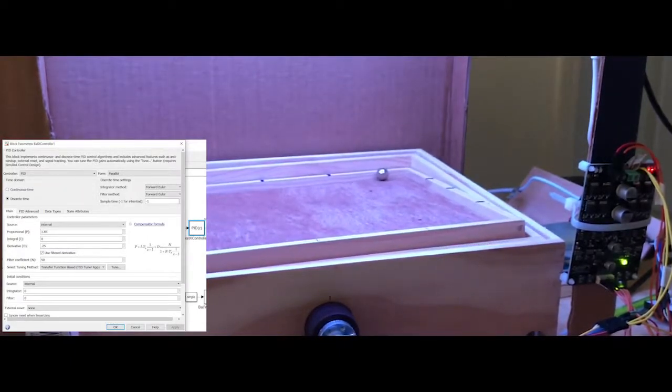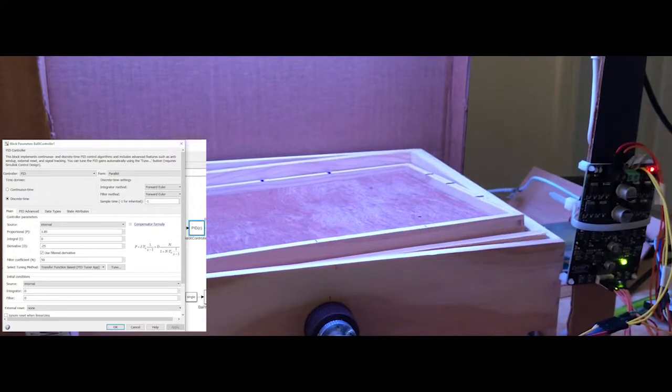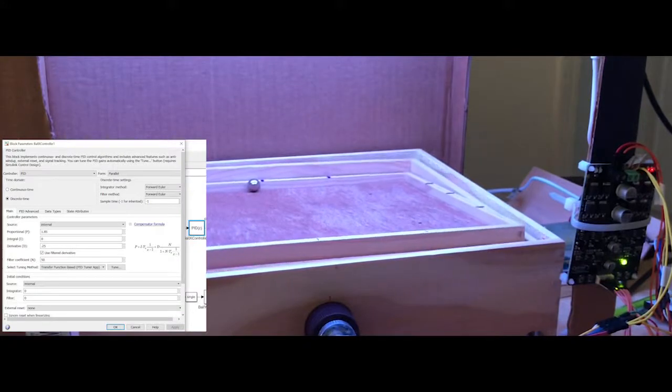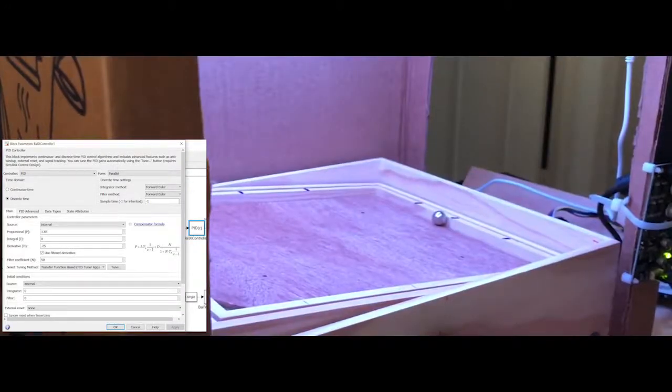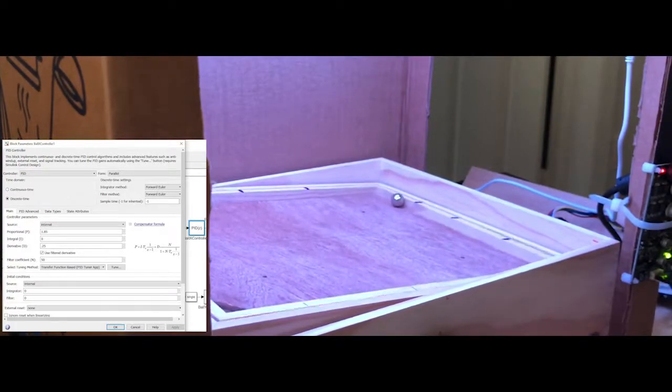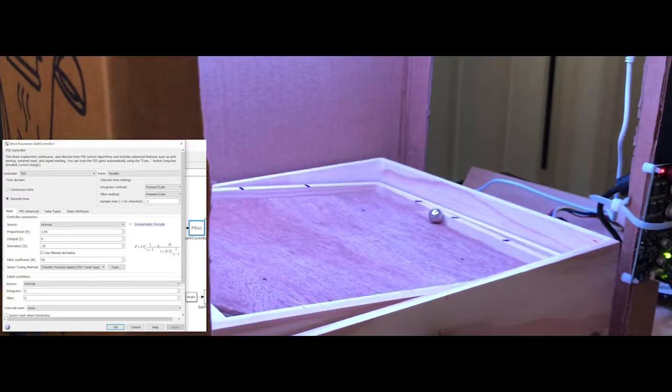There's no integration there because the ball dynamics actually come out to be a double integrator, and so we don't need an integration to offset that. That would actually make things a lot more difficult to fine tune. So we just use a proportional derivative controller.